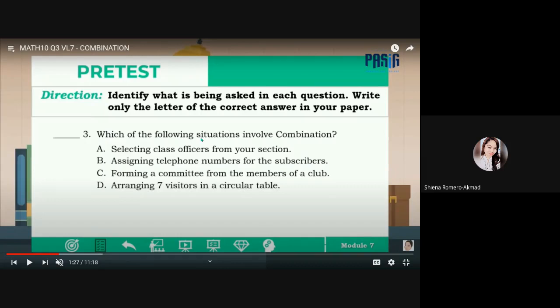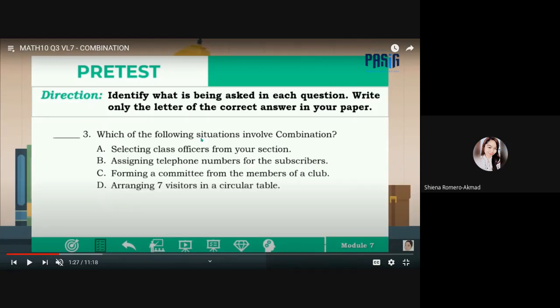Okay, yung in-explain niya is that in letter A, we look at letter A first, selecting class officers from your section. Remember, when we say class officers, there are positions to be filled with student, like for example, being a president, the vice, secretary, and so on.